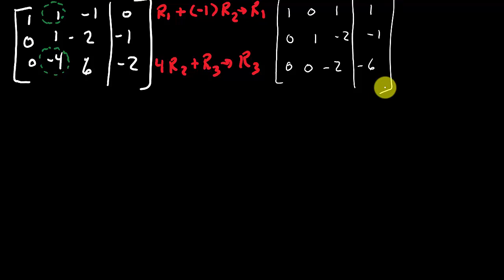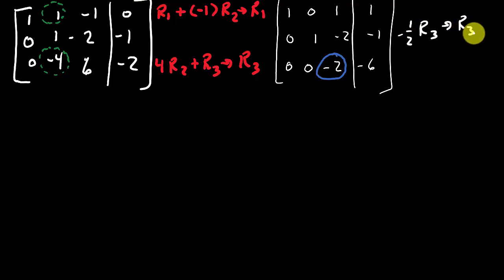So now what we need is we need a 1 in this spot. Okay. And then to do that, I'm going to have to do what? I'll have to do -1/2 times row 3 and replace row 3.